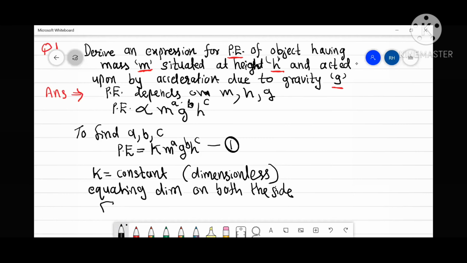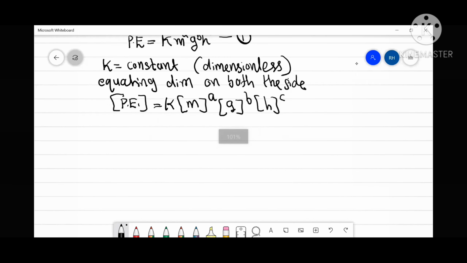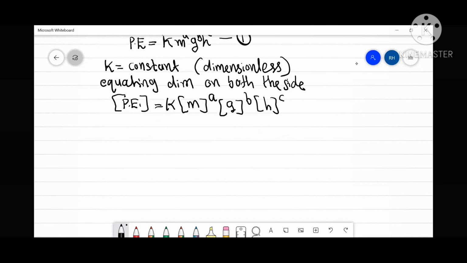Then we apply the dimension symbol: dimension of potential energy equals k, dimension of mass raised to a, dimension of g raised to b, and dimension of h raised to c. After that, we write the dimension of the potential energy.